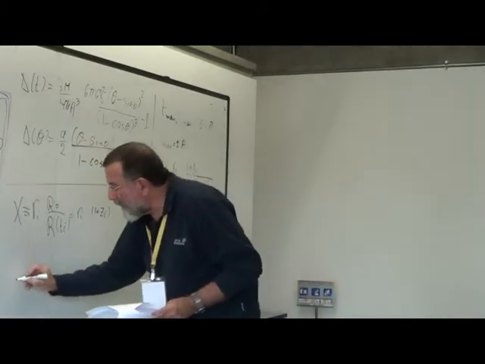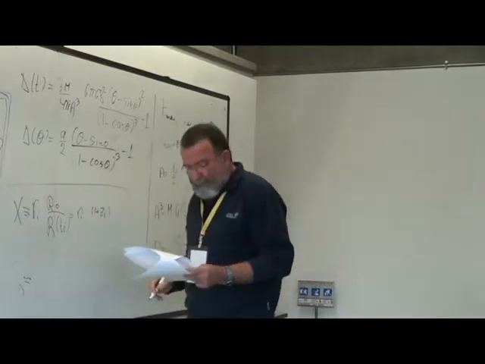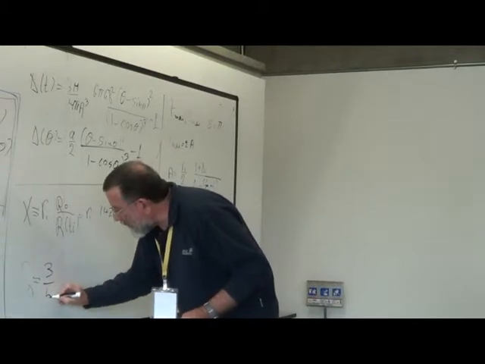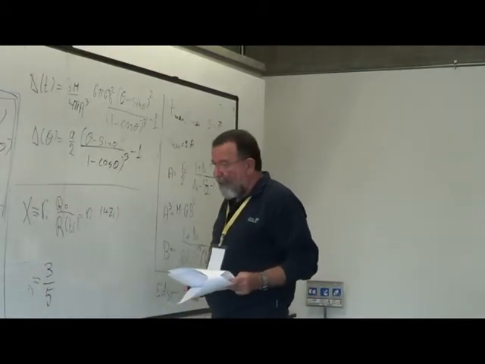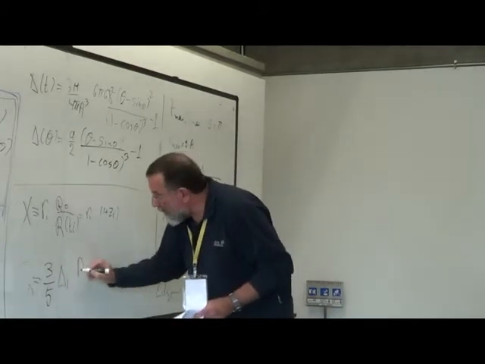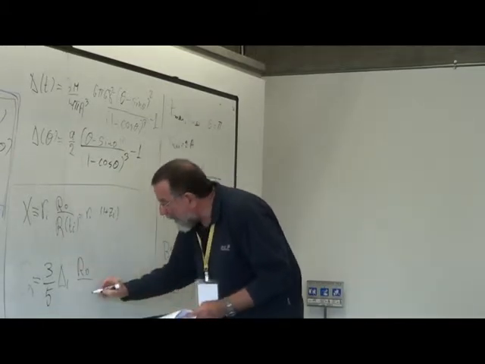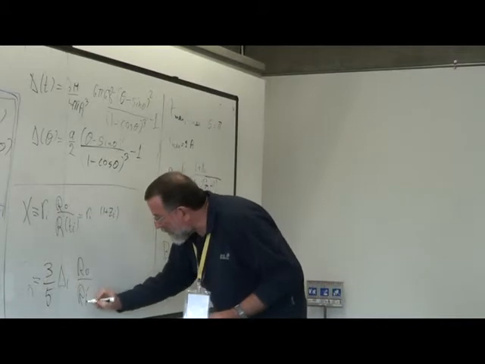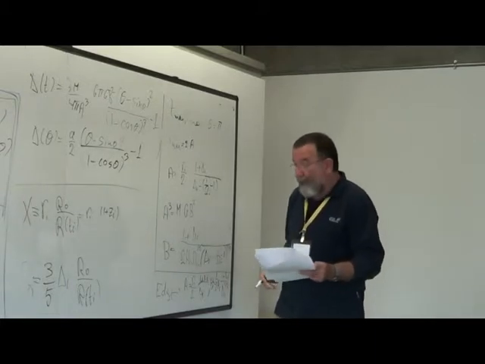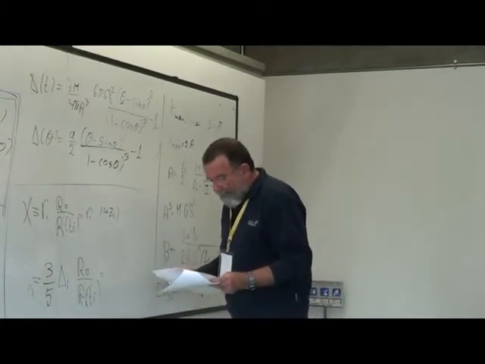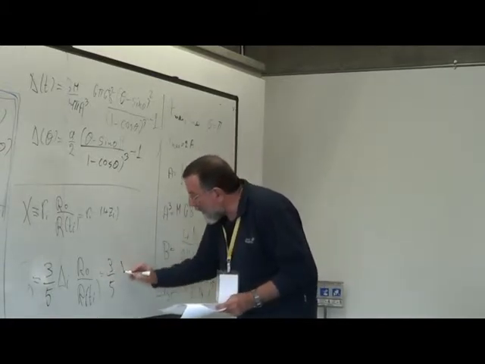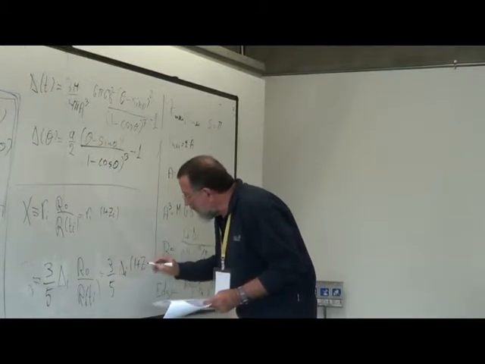And I'm defining delta naught, which corresponds to the original overdensity that I have, in the following way. For reasons that will become clear later on, I have 3/5 times delta i, and then R naught divided by R at Ti. And so delta naught actually is nothing more than 3/5 times delta i times 1 plus Vi.